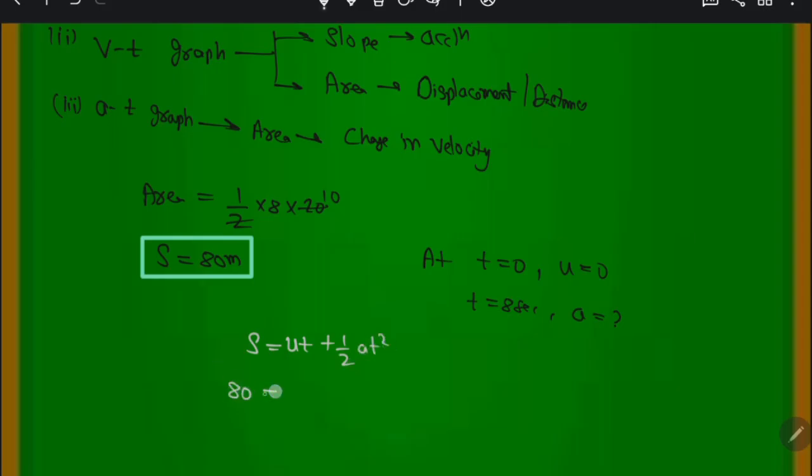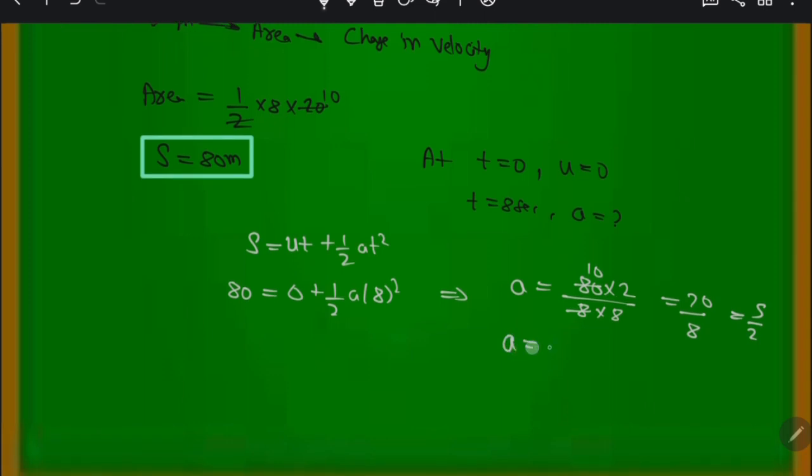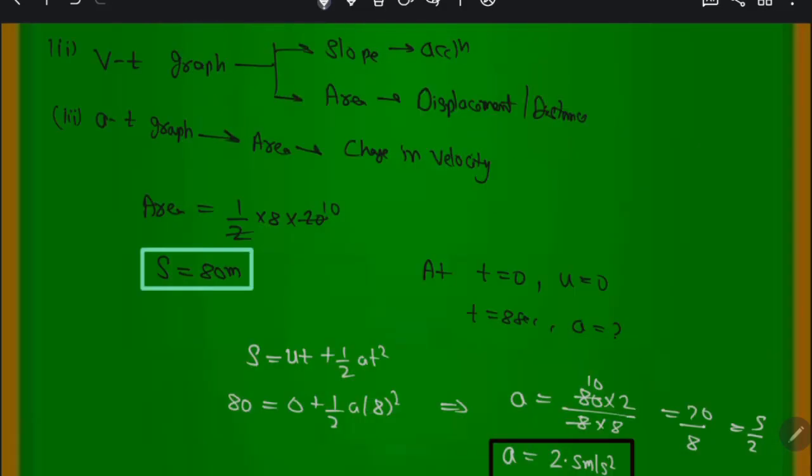The distance we already know, that is 80 meter. Initial speed is 0, and half acceleration times t, 8 square. So a is equal to 80 into 2 upon 8 into 8. That comes out to be 20 by 8, so 5 by 2. So here acceleration comes out to be 2.5 meter per second square.